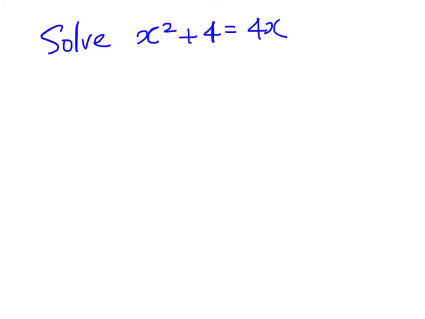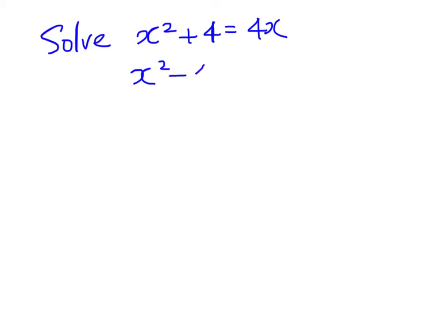And let's look at another example. It seems that this is not a quadratic equation, x squared plus 4 equals 4x. But we can simply rearrange the terms such that there will be a 0 on one of the two sides of the equation. Therefore, we can do it in this way.